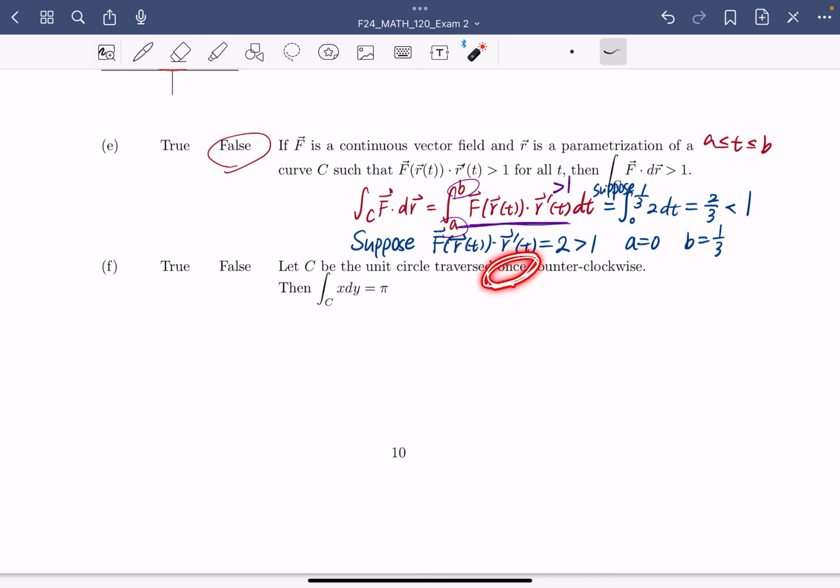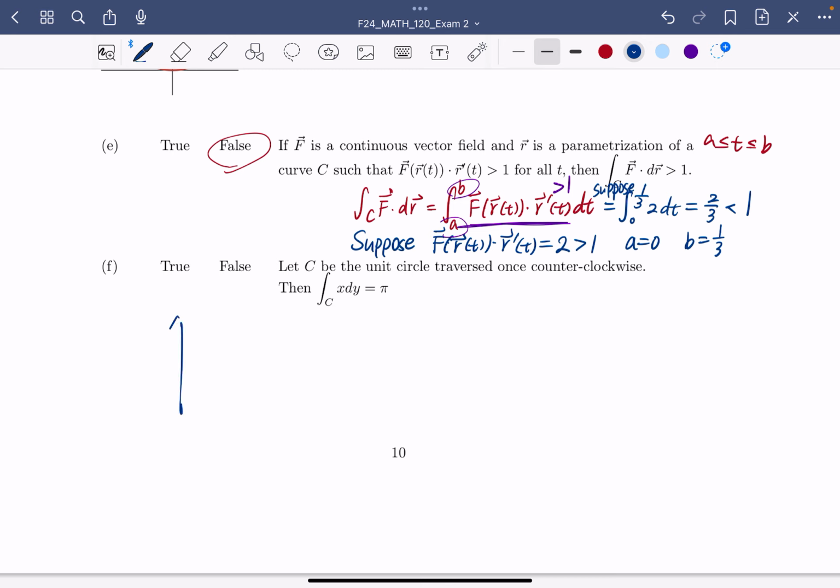It's important, only traversed once. If it's twice or 3 times, then the answer for this vector line integral might be different. So traversed only once and counterclockwise.